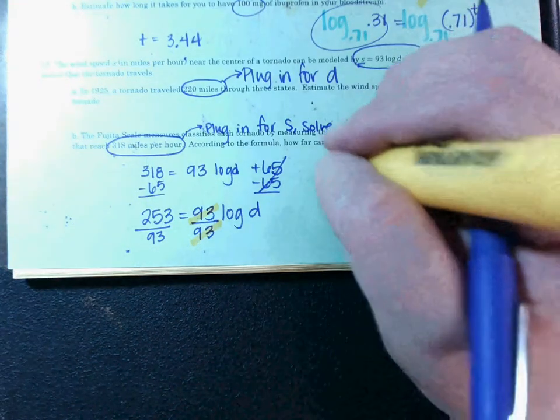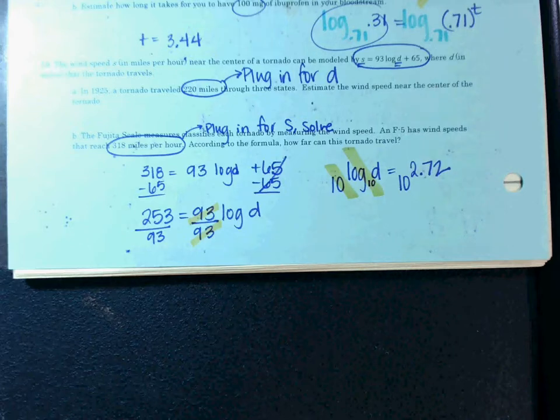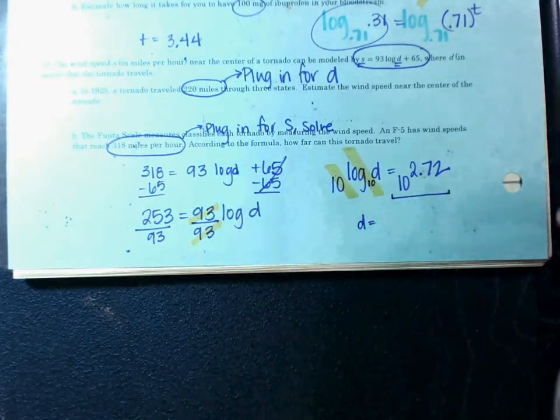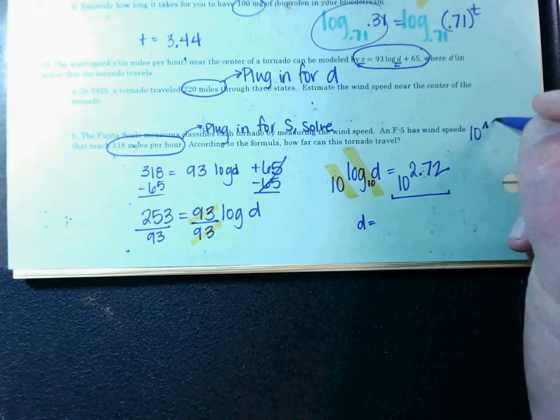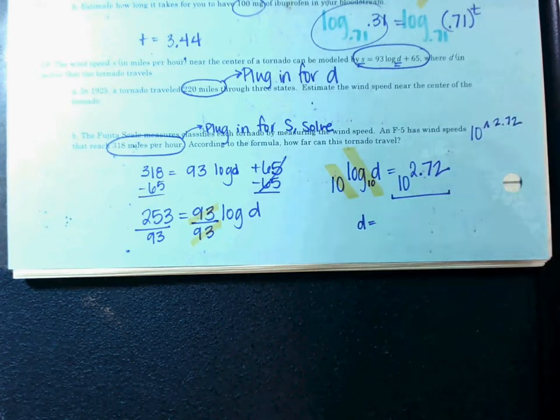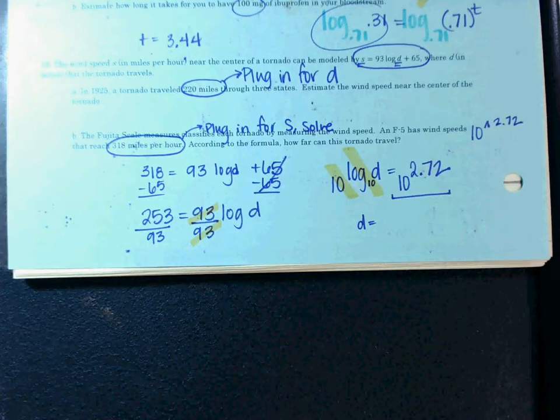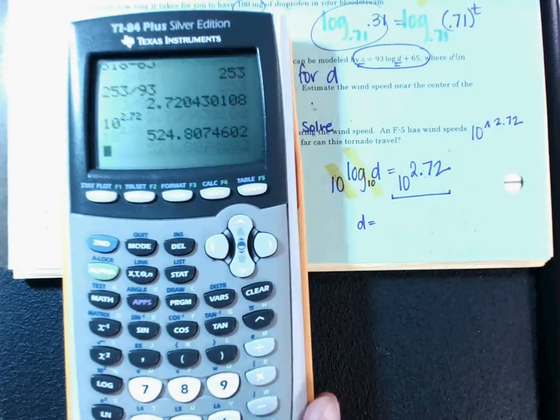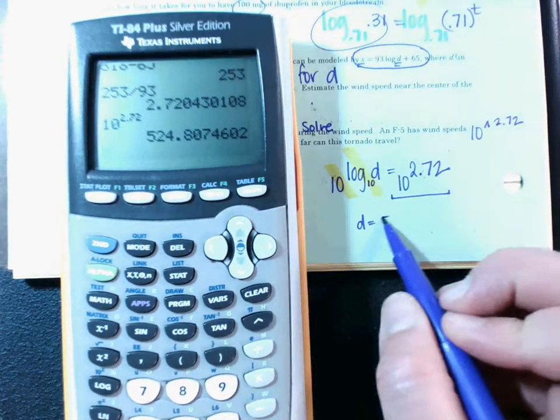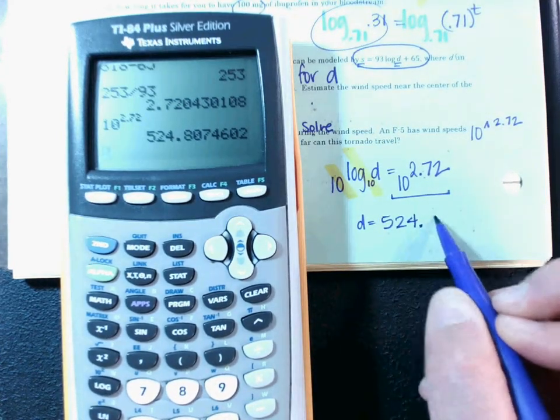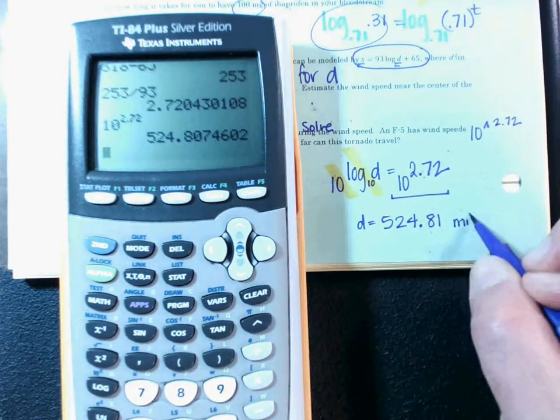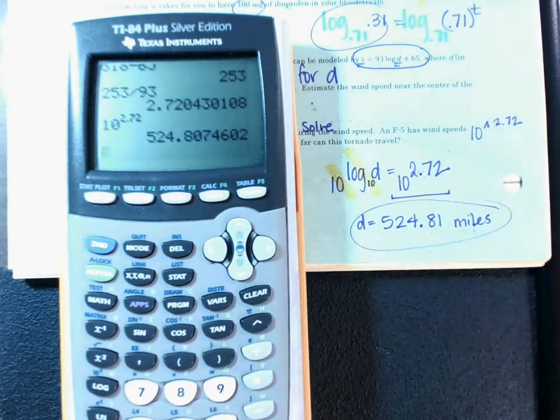Those guys are inverses, so they cross out. D is the answer, equal to, and then you would put that in your calculator. Remember, that's 10 up to the 2.72. So that'd be 524.81. And if that's distance, that would be how many miles the tornado can go if it's that strong.